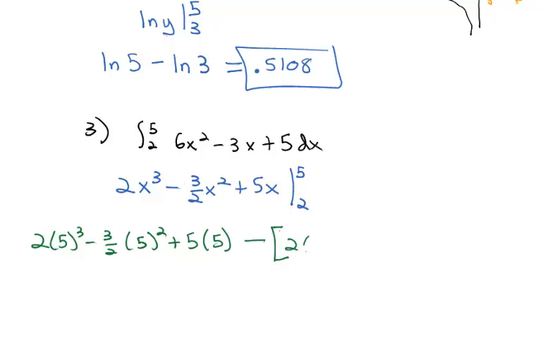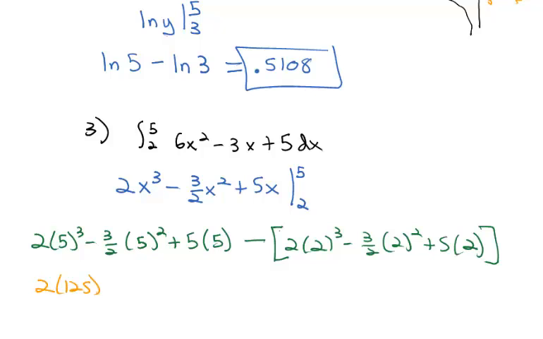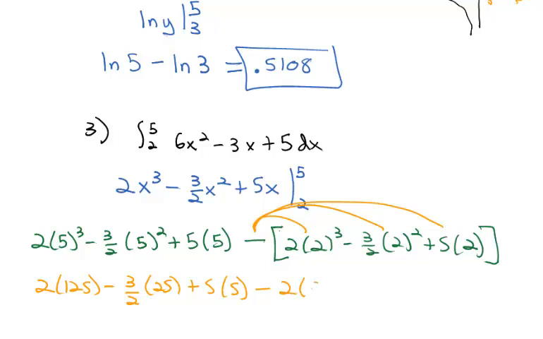Plugging 2 in, we get 2 times 2 cubed minus 3 halves times 2 squared plus 5 times 2. Now we can do a little cleanup. We've got exponents first, so we've got 2 times 125 minus 3 halves times 25 plus 5 times 5. I'm going to distribute this negative through as I do these exponents. So we have minus 2 times 8 plus 3 halves times 4 minus 5 times 2.